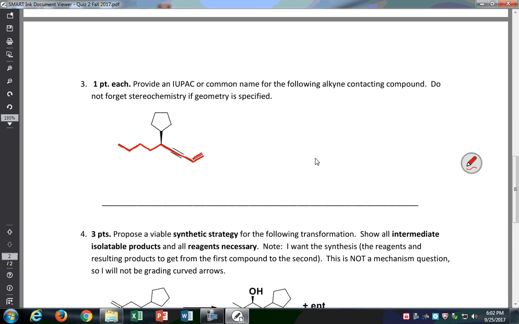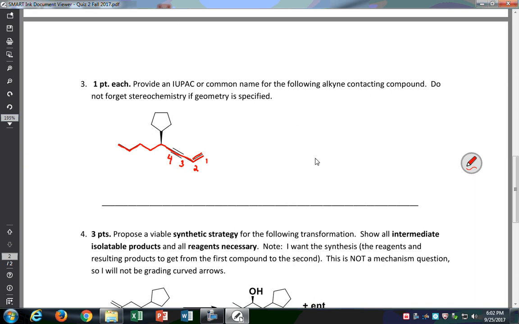So for our triple bond, I've seen a couple of people either skip one of our carbons. Remember, each carbon at the end of the triple bond is a carbon. So I know it's linear, but this is carbon 3, this is carbon 4.